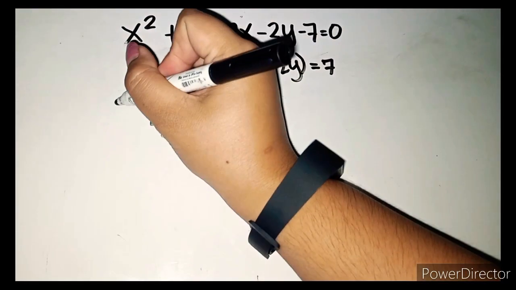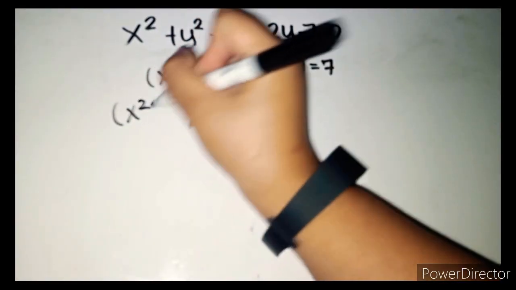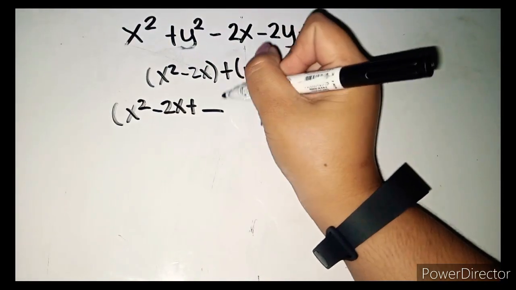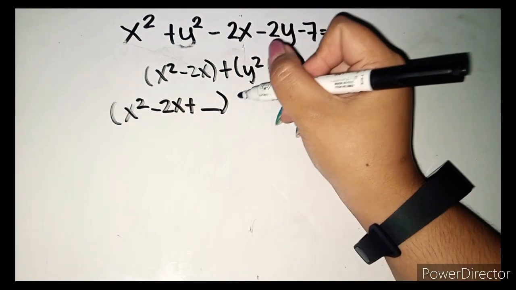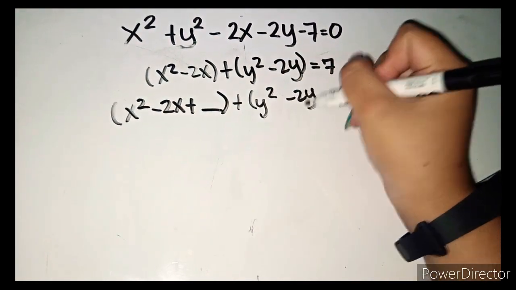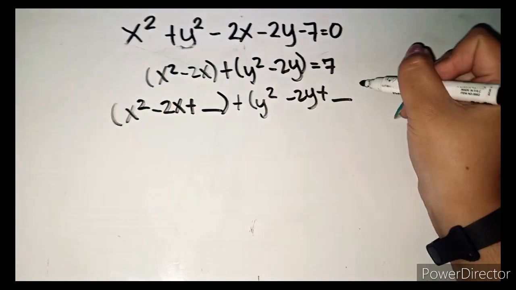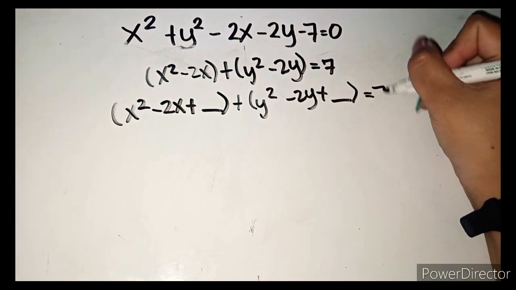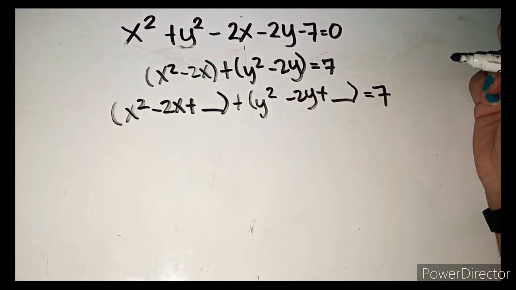So, let's rewrite. So, x squared minus 2x plus yung hinahanap nating third term plus y squared minus 2y plus yung hinahanap nating third term, then 7.